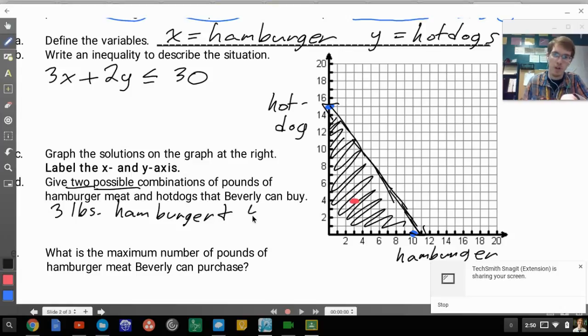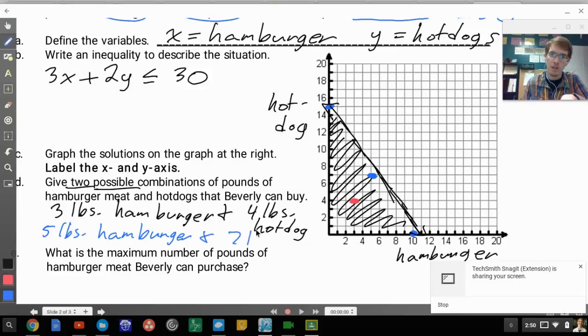Let's pick another point. How about 5, 7? So that will be 5 pounds hamburger and 7 pounds hot dog.